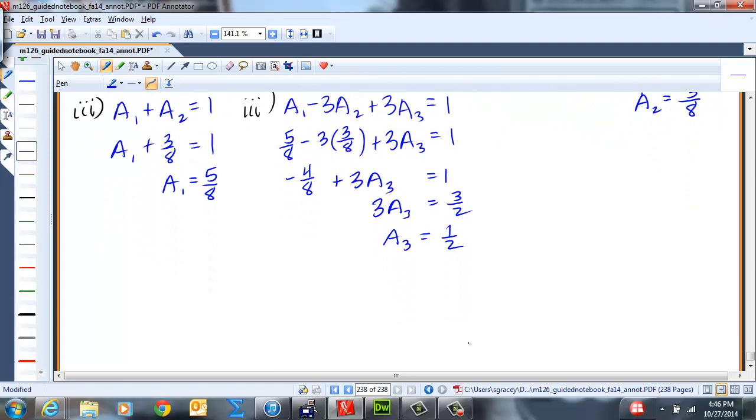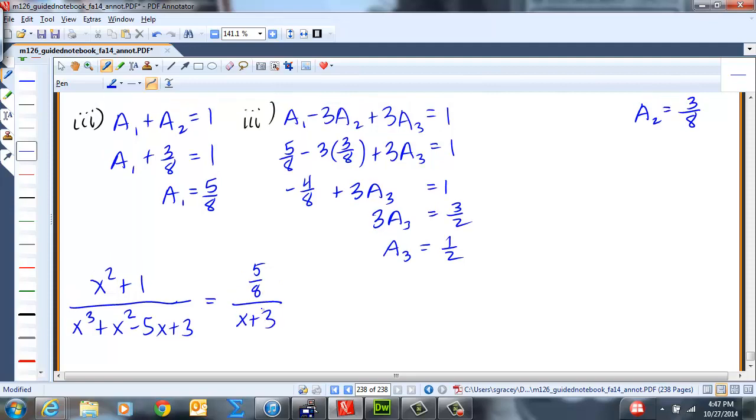So at the end of the day, what we found out was x squared plus 1 divided by, I'll put it in its original form, x cubed plus x squared minus 5x plus 3 is equal to 5/8 over x plus 3.